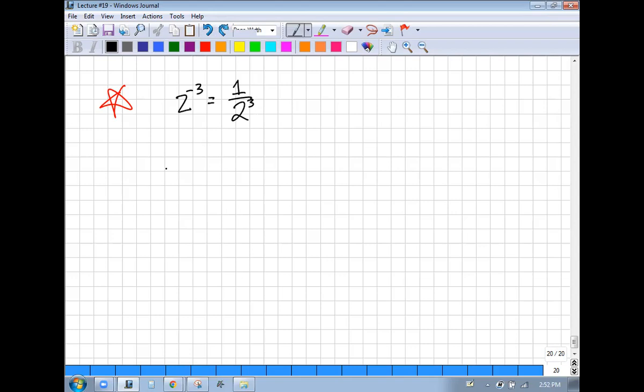Generically, if we have b to the negative n, this just means divide by b n times. So this will be over 2 times 2. The minus there just means divide that many times. A positive exponent, multiply that many times. Negative exponent, divide that many times. So this is another rule of exponents here.